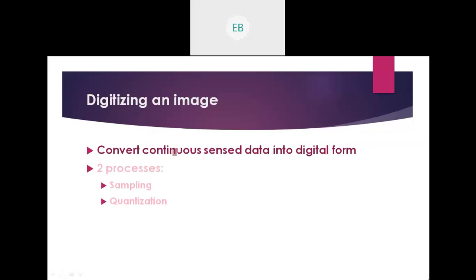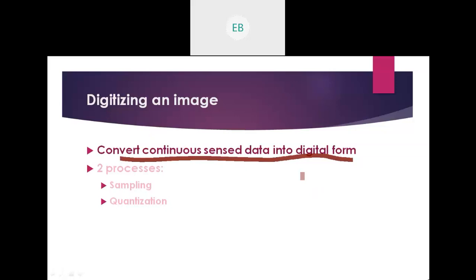So how to digitize an image? For digitizing the image, we need to convert the continuous sensed data into digital form. Continuous sensed data here means the analog signal, which is the information that we get while capturing an image.